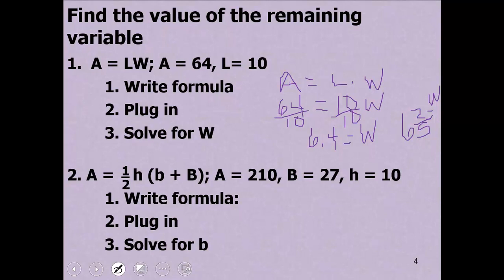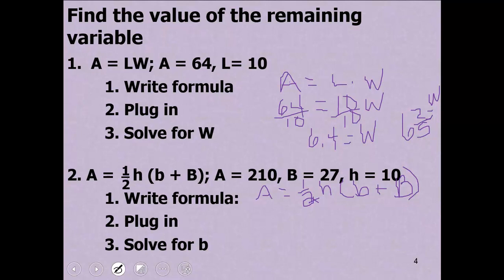Let's try the next one. A equals 1/2 H times, in parentheses, little b plus big B. All right? Again, I want you to write the formula down because that's where a lot of mistakes happen. So A equals 1/2 H times little b plus big B. I'm going to plug in for all the variables that I am given.